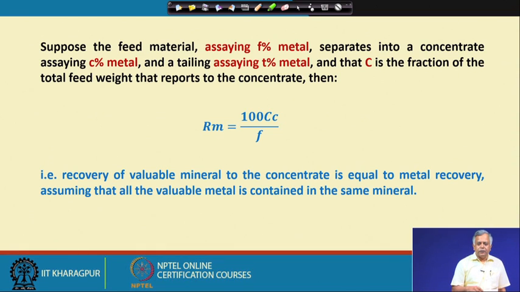We call it tailing, that is the concentrated form of your gangue materials. So, this feed material assaying F% metal separates into a concentrate assaying C% metal and a tailing assaying T% metal, because in tailing also you will have some percentage of that wanted metal.